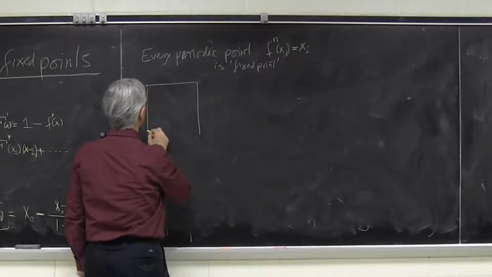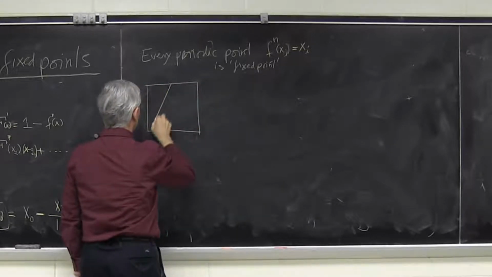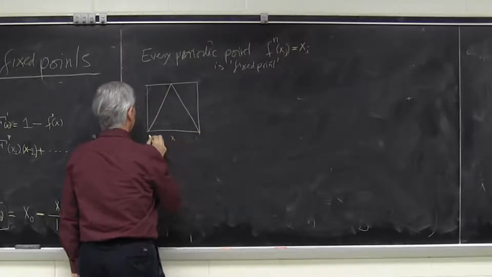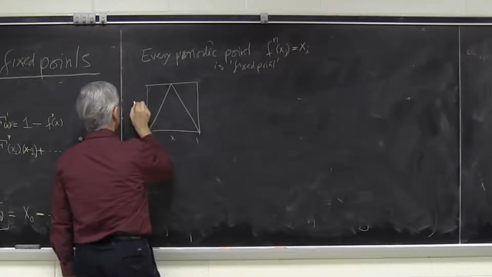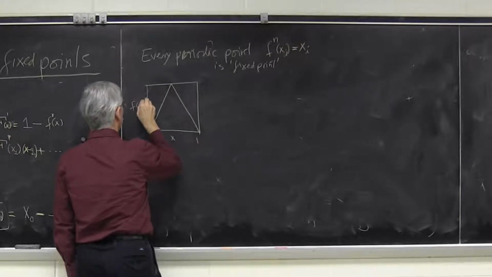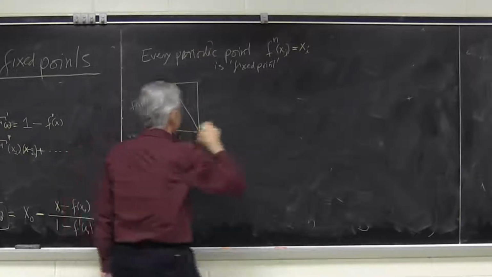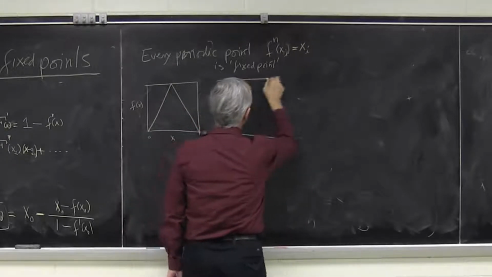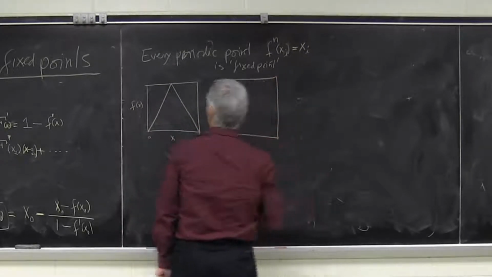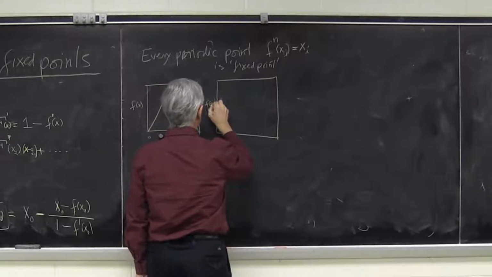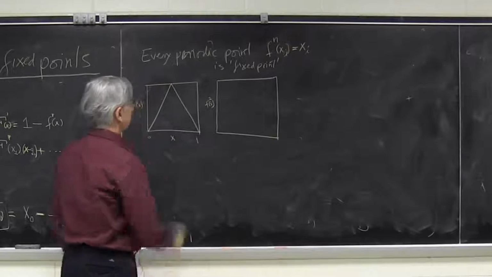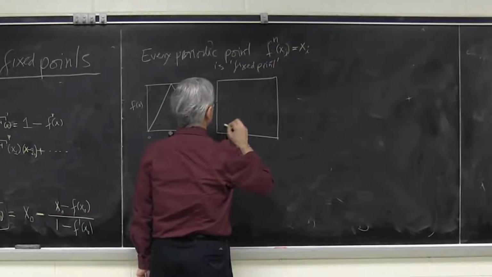So let's take this tent map we had before. So here we have x going from 0 to 1, and this is f of x. Now plot f of x squared, the second iterate of the function, because you'll be looking at zeros of the iterate.